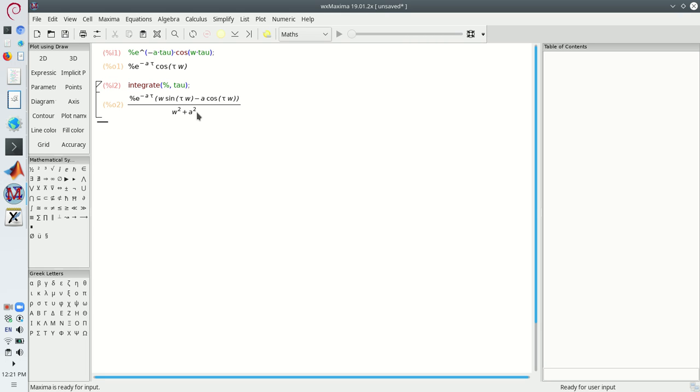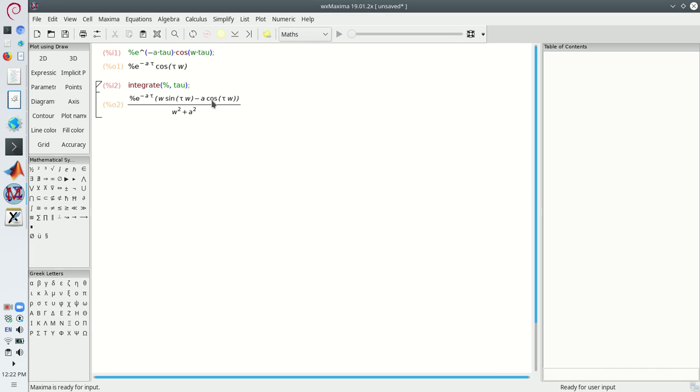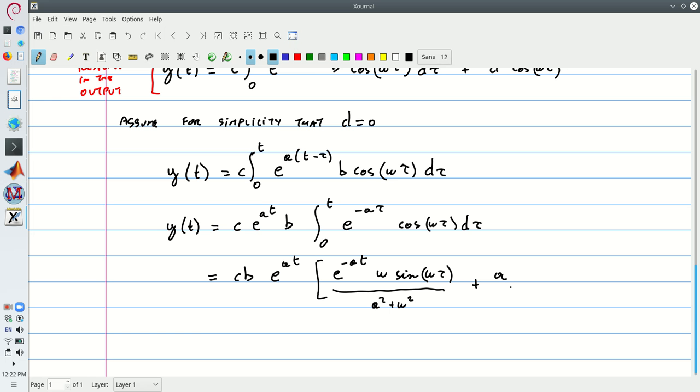So when I replace tau with 0, what I'm going to get is the following quantity. That is minus, so plus a divided by a square plus omega square.